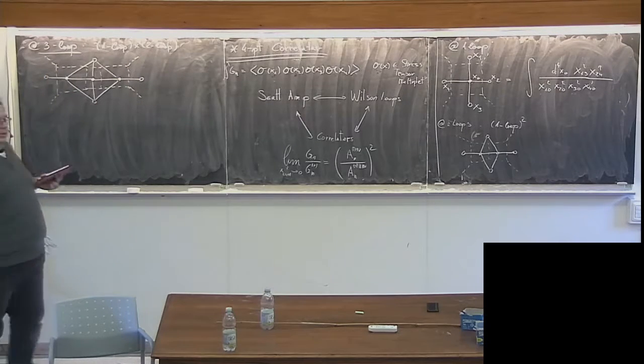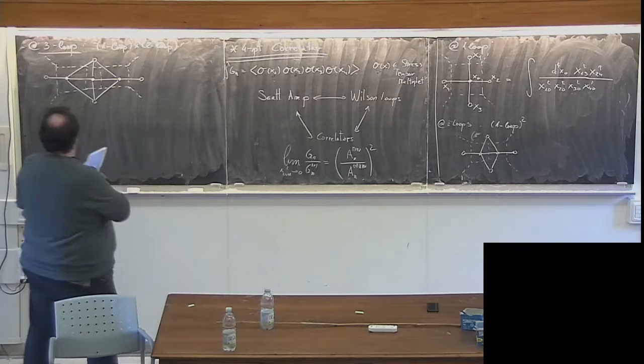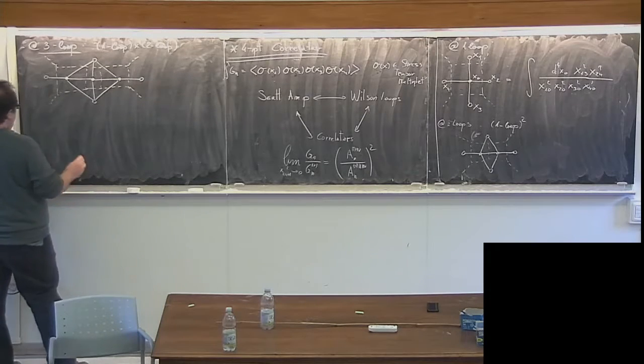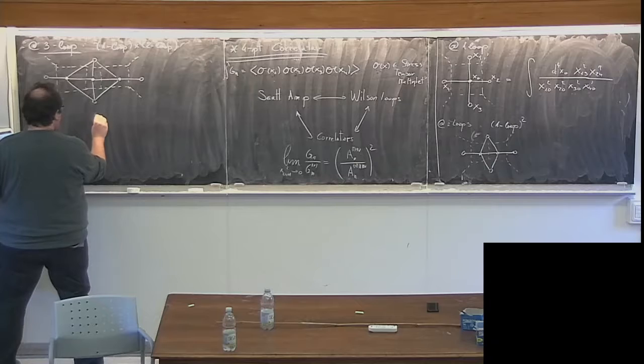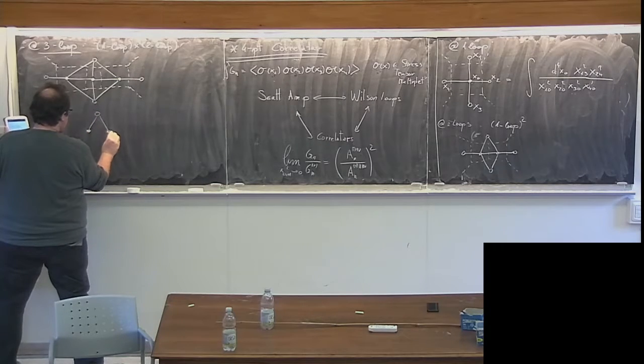And if you remember the amplitude, there was another piece, which was the tennis court diagram. And that's also what you get here. The tennis court diagram in position space looks like this.